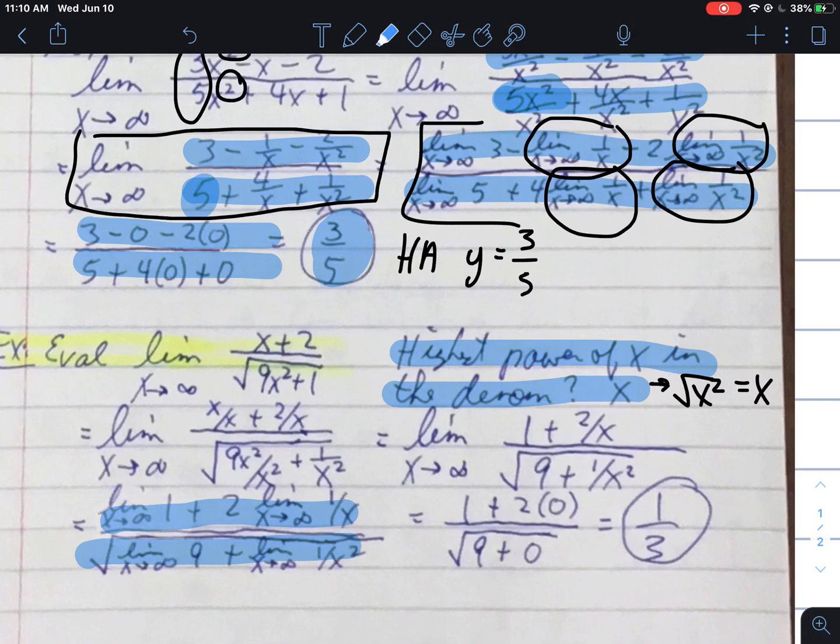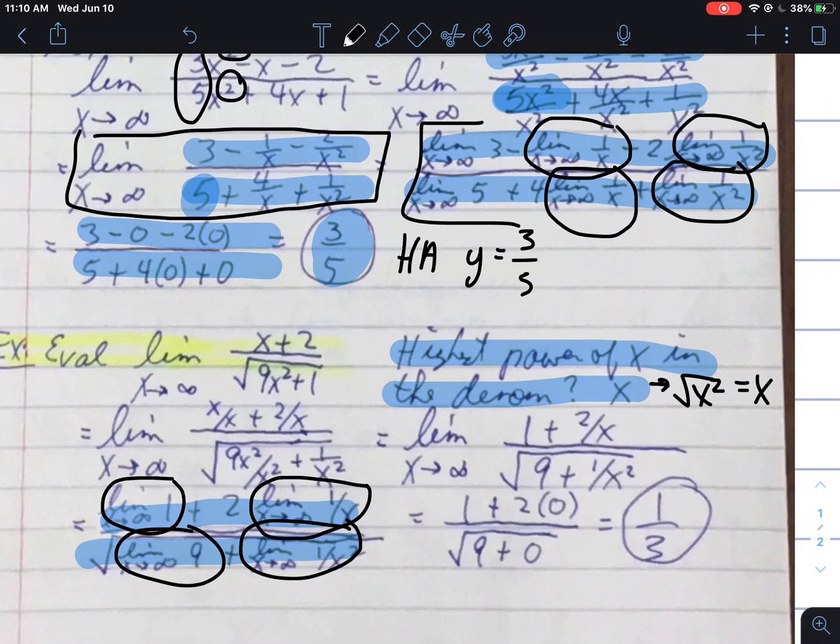But then each of those, again, is set up to use that theorem. And now each of those where I have a limit as x approaches infinity of 1 over x to a power, each one of those has a value of 0. And the others are both limits of constants. So the limit of a constant is the constant.